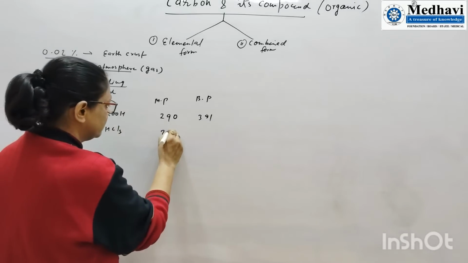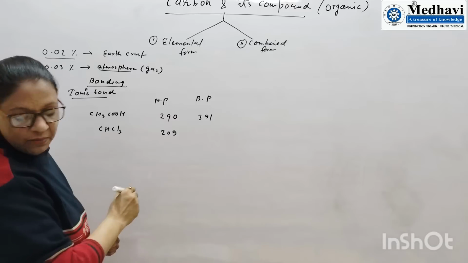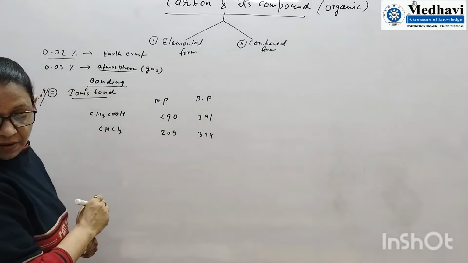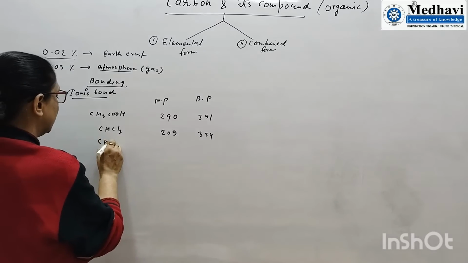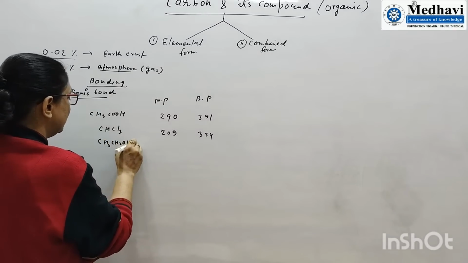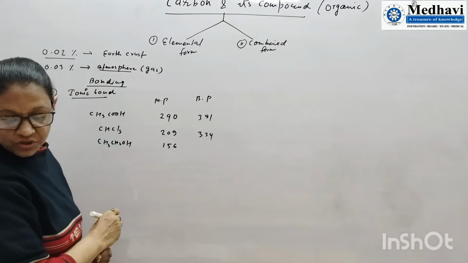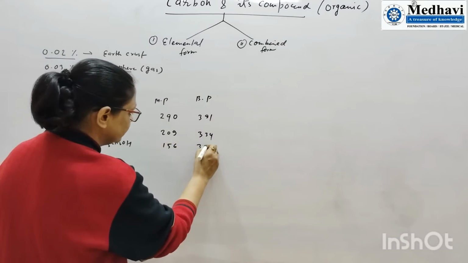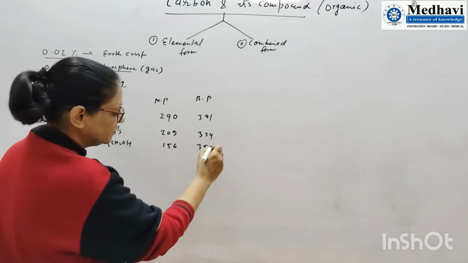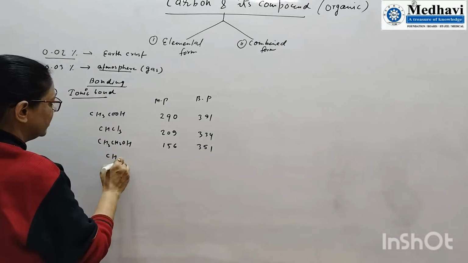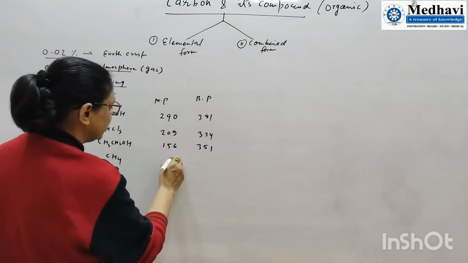The melting point and boiling point of hydrocarbons or compounds of carbon are given as a table in the NCERT book. And the last is methane. This information is very important.